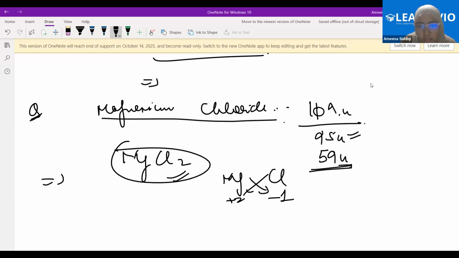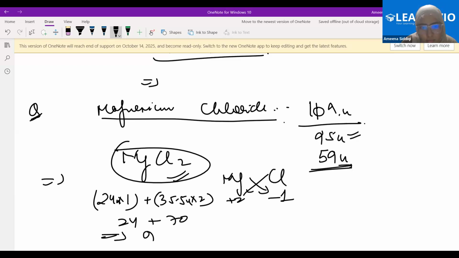We get MgCl2. Now on that basis, the atomic mass for magnesium is 24, right? 24U into 1 plus 35.5 into 2, that is 71, plus 24, 95.